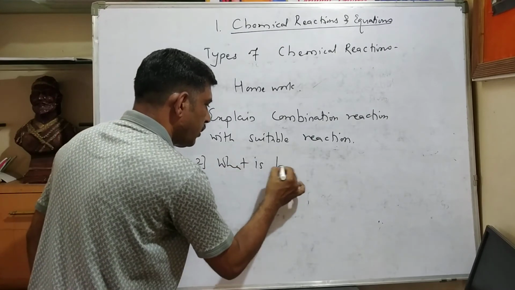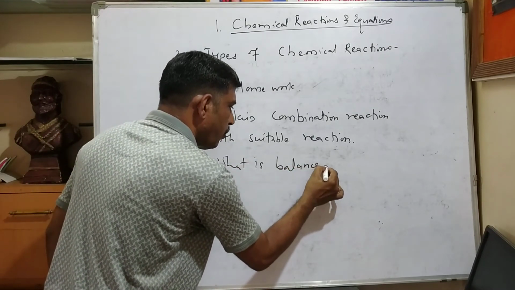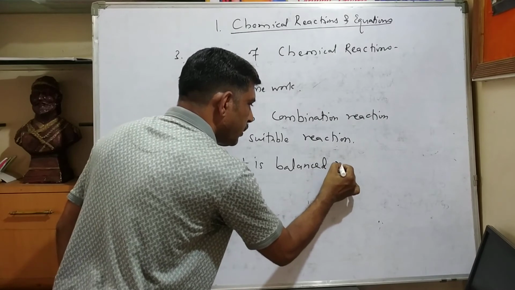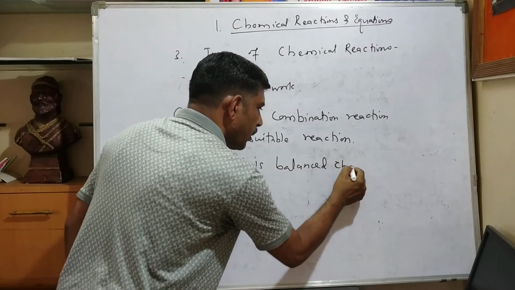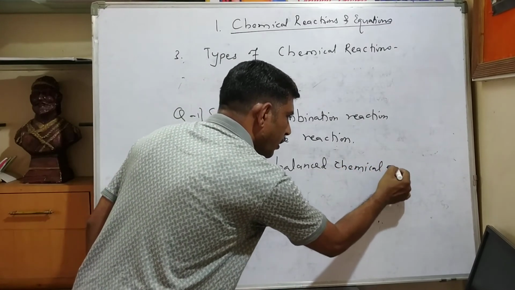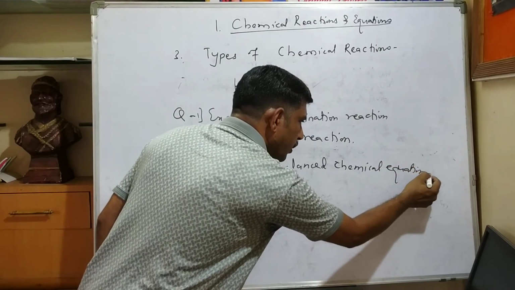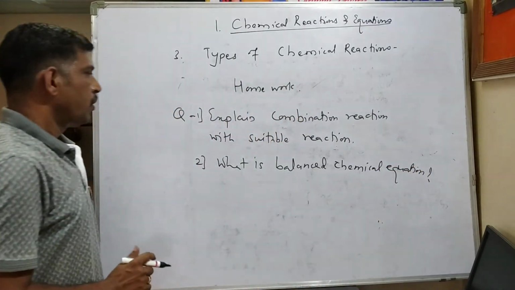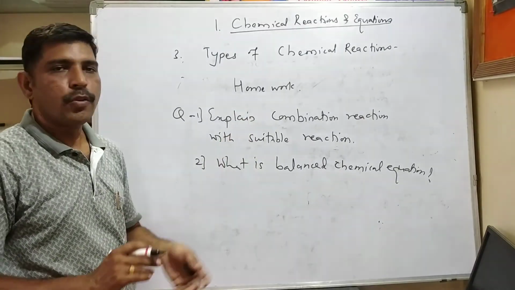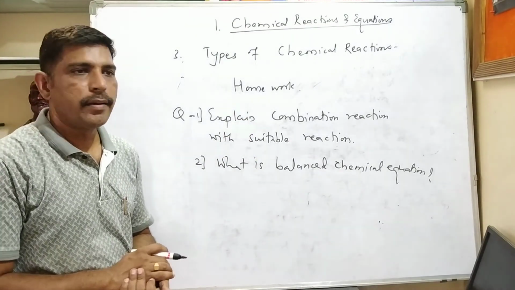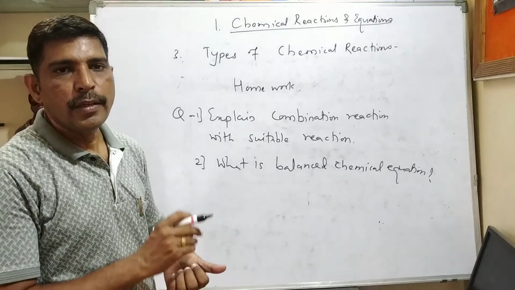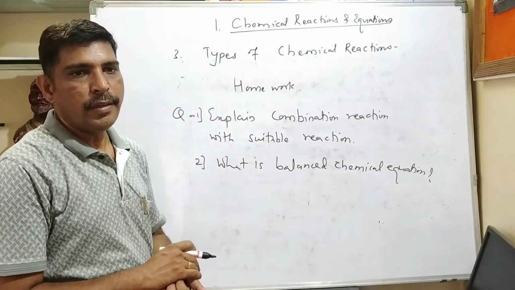What is balanced chemical equation? Okay, so dear student, these are the two questions for the homework, and you do your best. You read the textbook and enjoy the lesson.